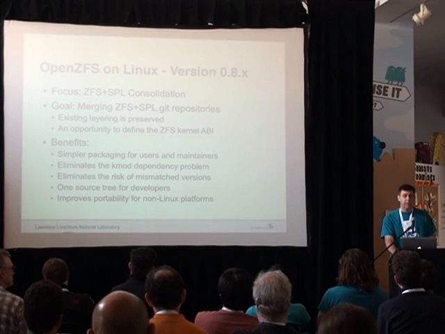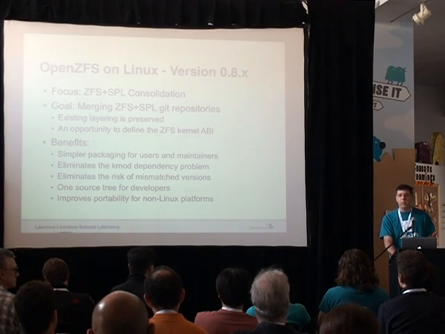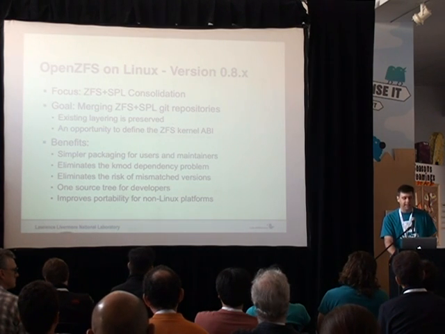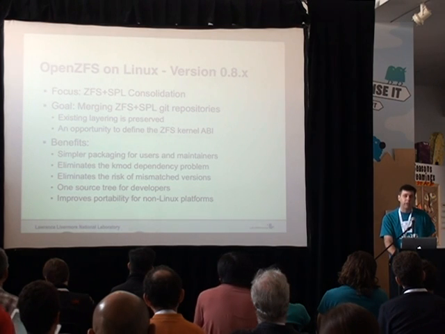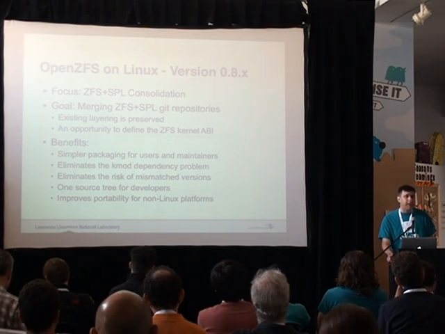Plus, there are some other benefits here that I think are a little less exciting for developers, but are frankly important to make it succeed. Simpler packaging for users and maintainers. You only have one package to maintain. Everything's a lot better. On the Linux side, we've got a KMod dependency problem.